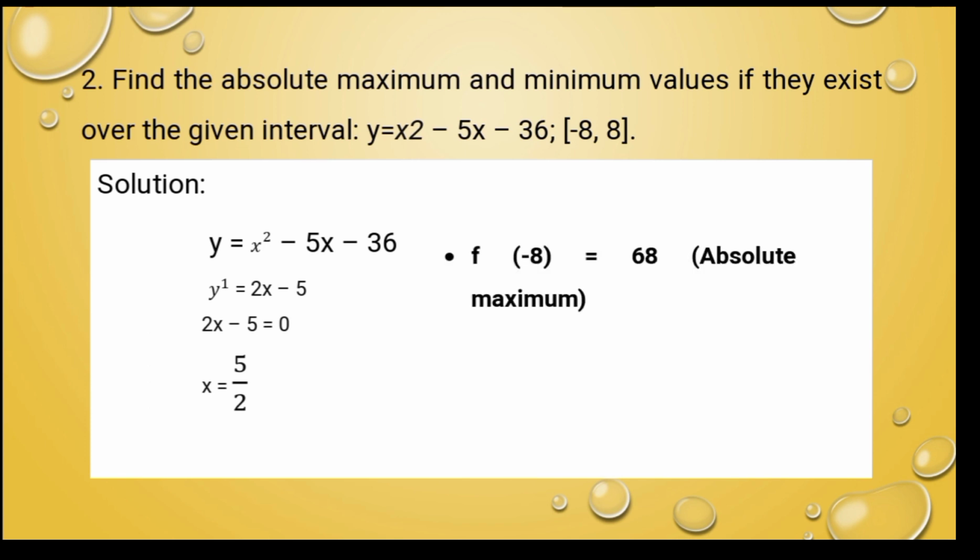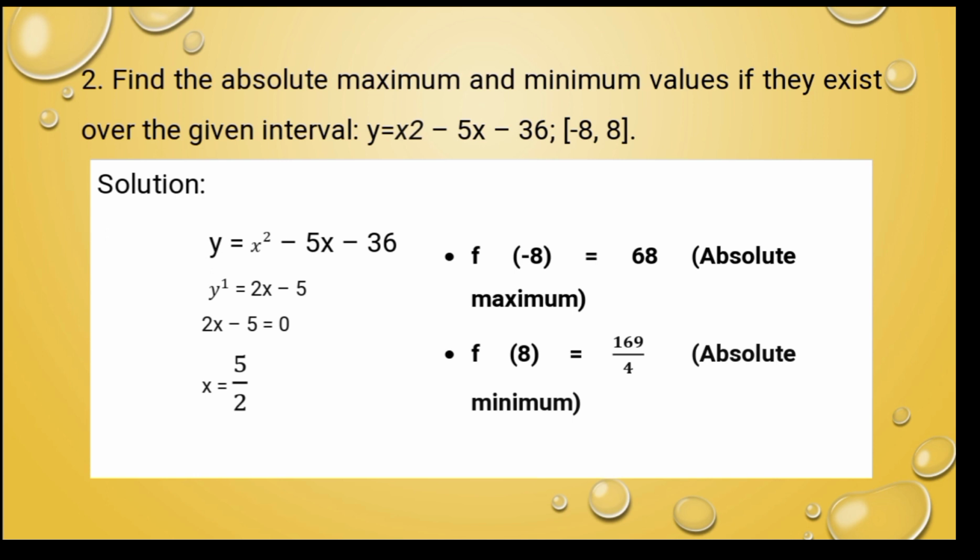Then solve for f of -8, f of 8, and f of 5 over 2. So first let's solve for f of -8. So substitute. We have the result 68, which is an absolute maximum, while for f of 8, by substitution we have the result 169 over 4.